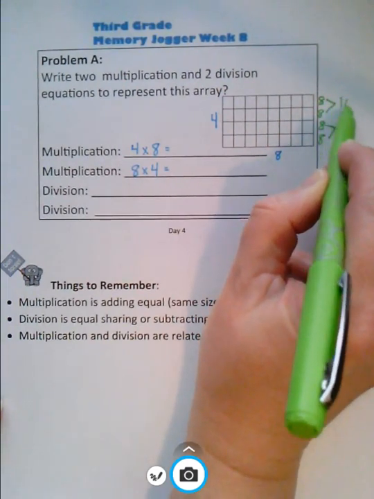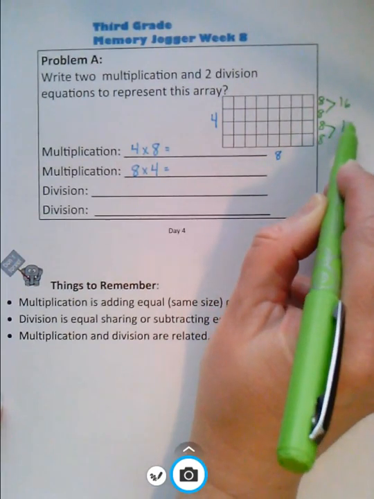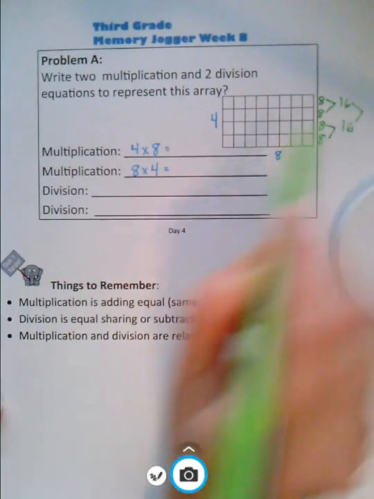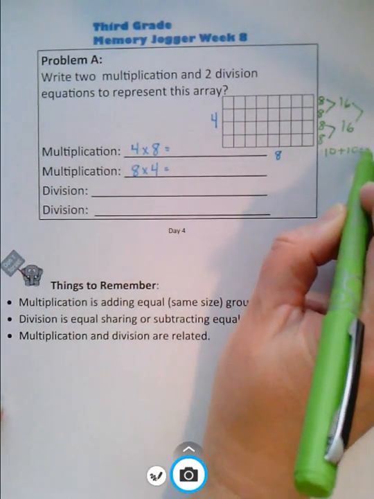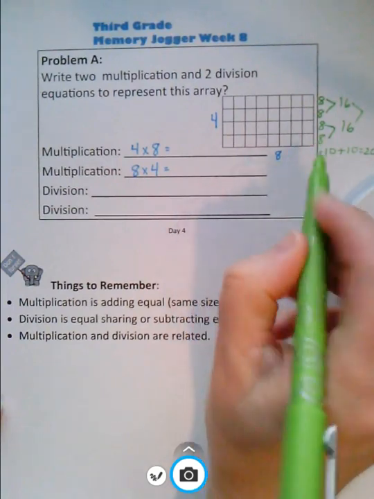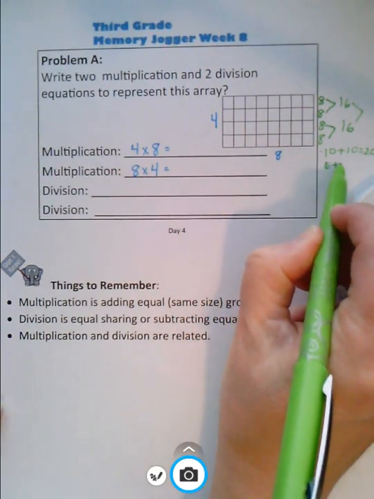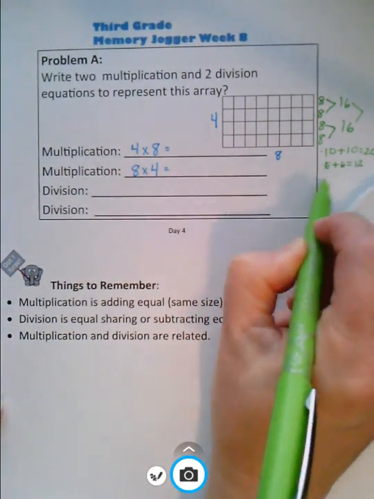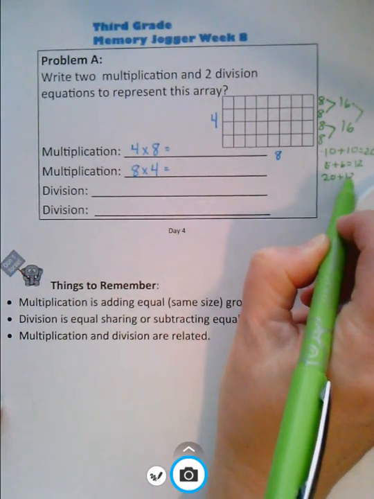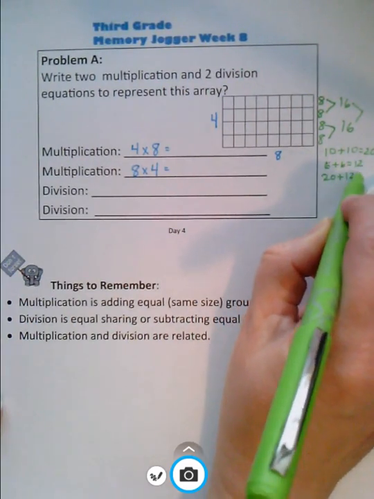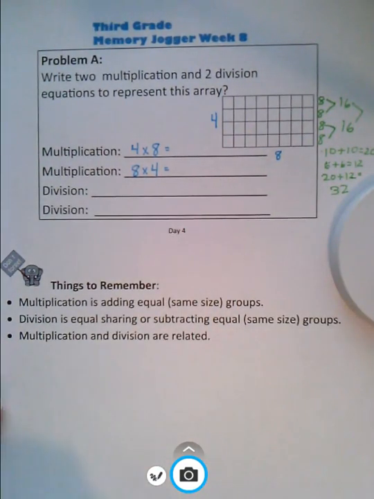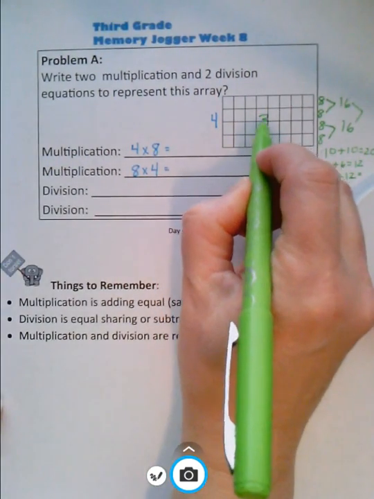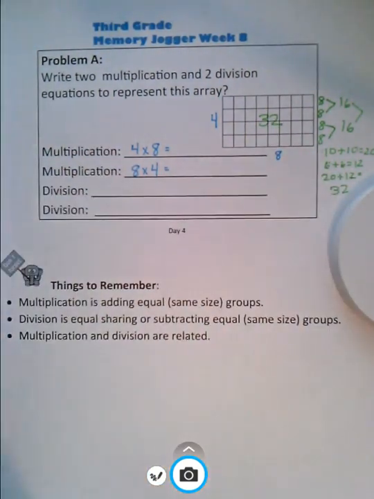The first 2 8s would be 16, these 2 8s would be 16, and then we have to put the 16 and 16 together. 10 plus 10 is 20. 6 plus 6 is 12. And 20 plus 12 is equal to 32. So we know that there's a total of 32 squares inside that array.